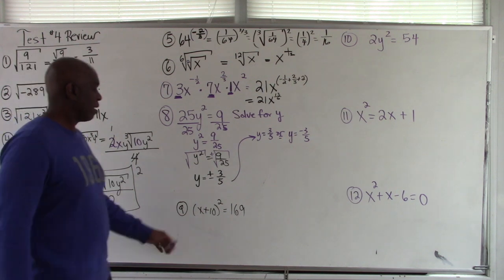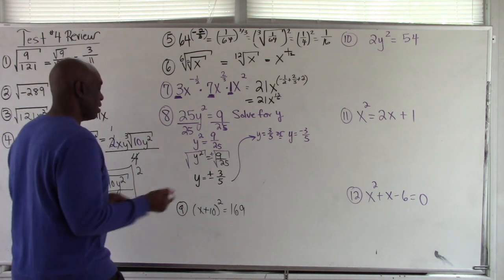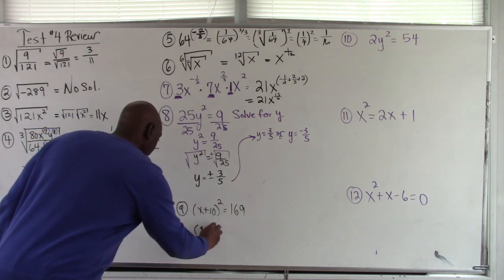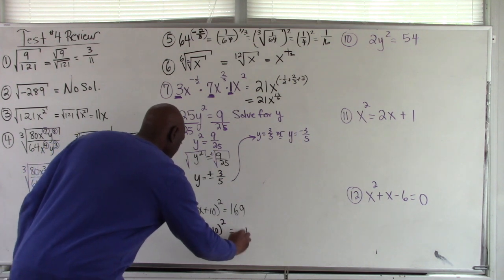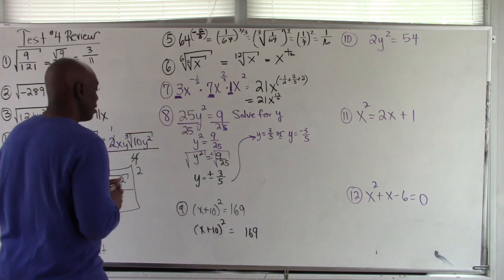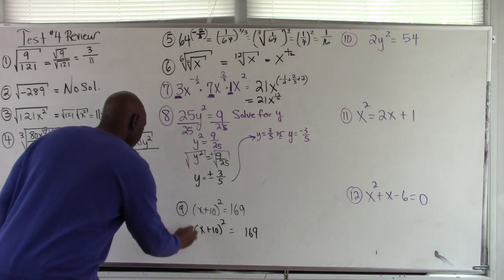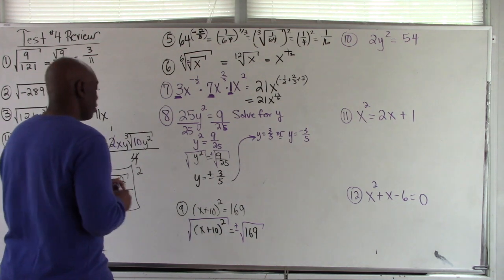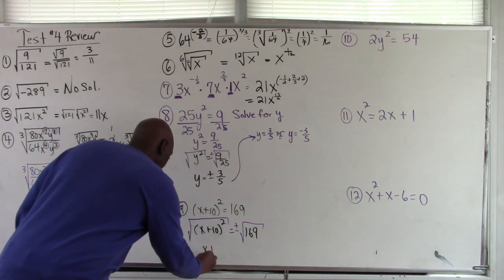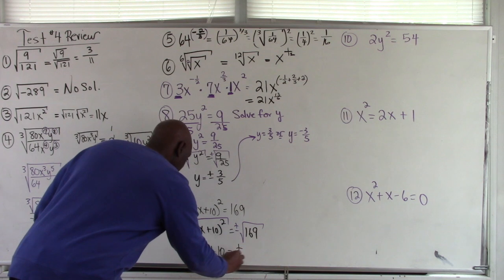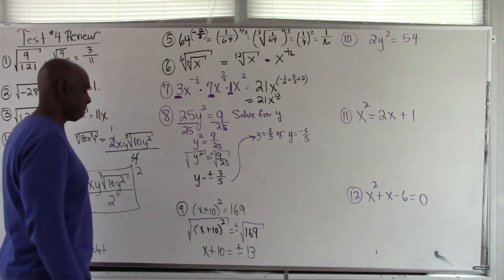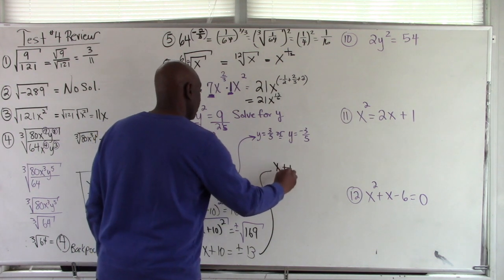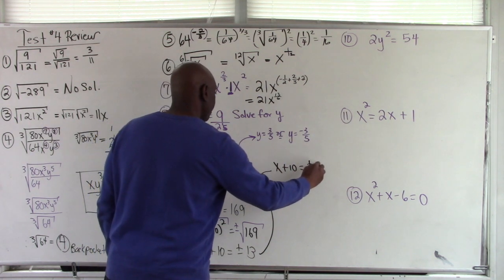All right. Number 9. Square root both sides. x plus 10 squared equals 169. Square root the left, plus or minus the square root of the right. We get x plus 10 equals plus or minus 13.